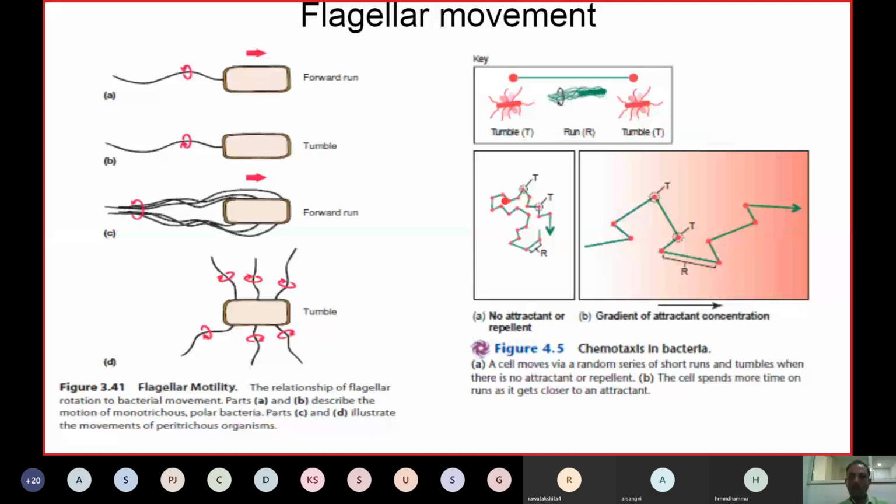One more important property seen in bacteria is that they do not move randomly. They move towards an attractant, and here the attractant is obviously some kind of energy source or nutrient. If the energy source or nutrient is chemical in nature, then the movement of bacteria is called chemotaxis, meaning movement towards chemical substances.